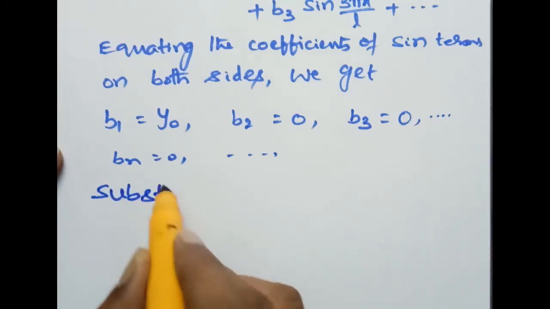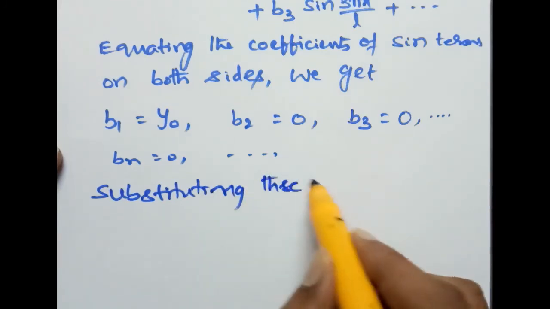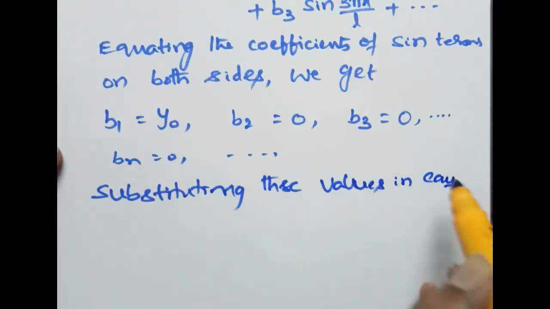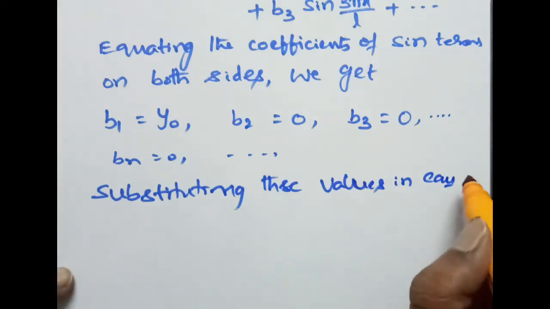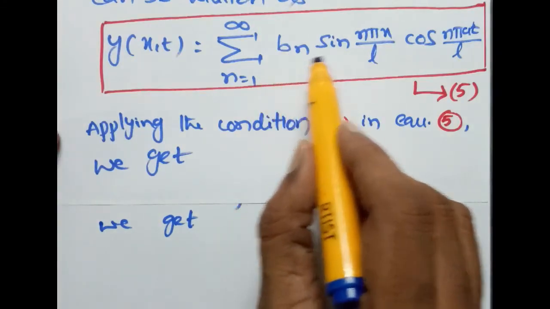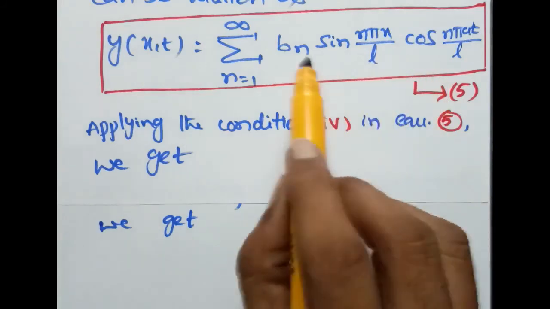Substituting these values in equation 5, since the most general solution is in equation number 5, we get, except b1, all the b2, b3, b4 and so on being zeros.